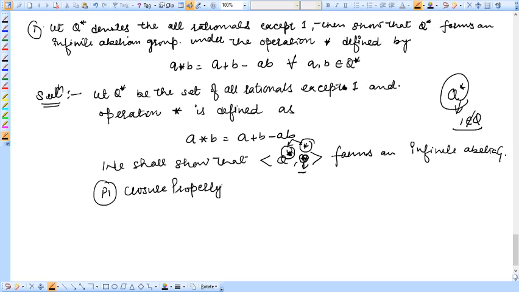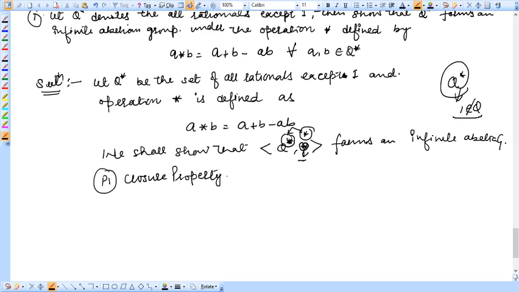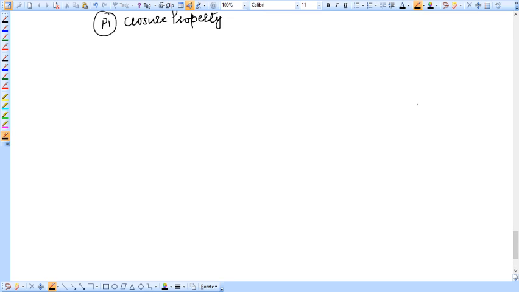In closure property we show that if we are having 2 elements from Q star, then a star b is also an element of Q star. Thus we will be able to show that this set Q star is closed under operation star, right?